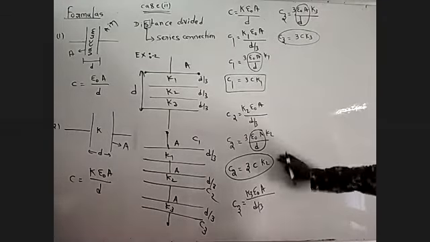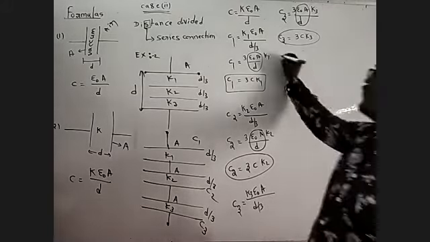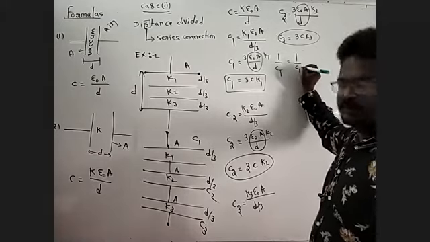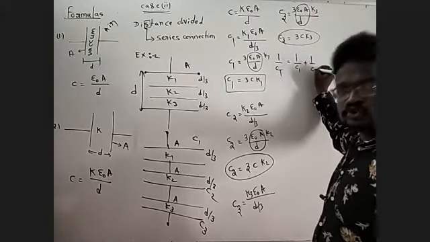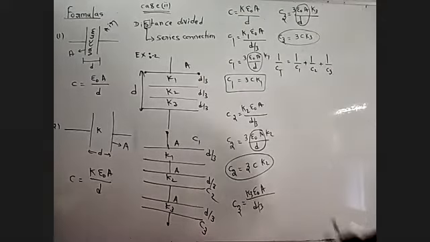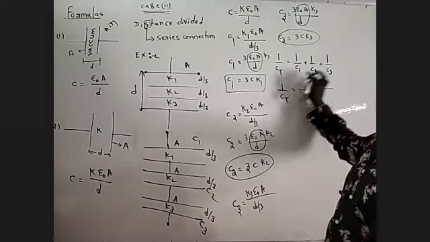C1 capacitor, C2 capacitor, C3 capacitor. We have the 3 capacitors, and they are connected in series. What is the formula? 1 by C total is equal to 1 by C1 plus 1 by C2 plus 1 by C3. Take the LCM of C1, C2, C3.